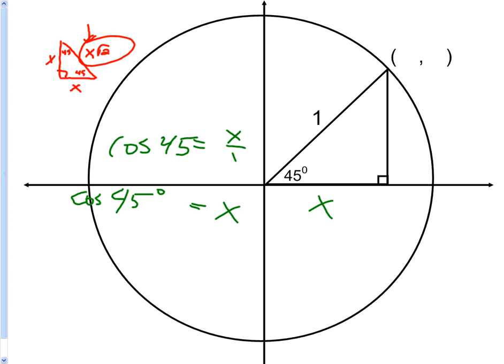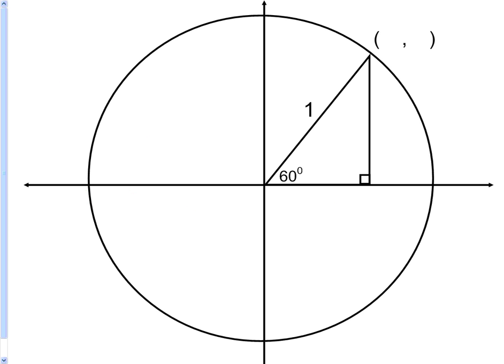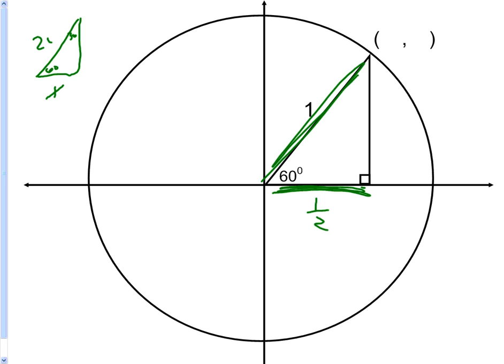All right. On to the next unit circle question. 60 degrees. Ooh, that tells me it's which kind of triangle? 30, 60, 90. You remember the relationship here? The small side here, how does that relate to this one? It's half as big, so this one's easy. This is a half, right? And do you remember on your 30, 60, 90 helper triangle, this is 60 and this is 30, so this is like x, this is like 2x, and what's that one like?